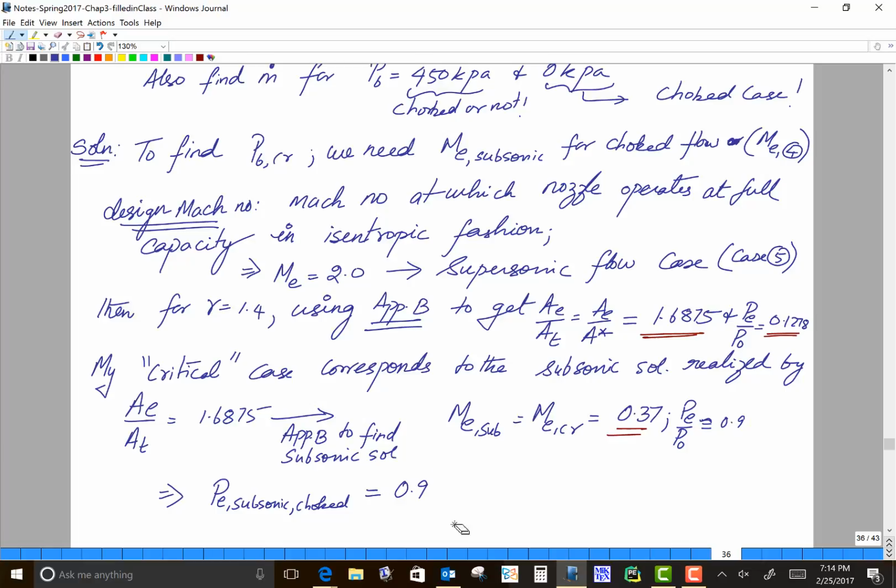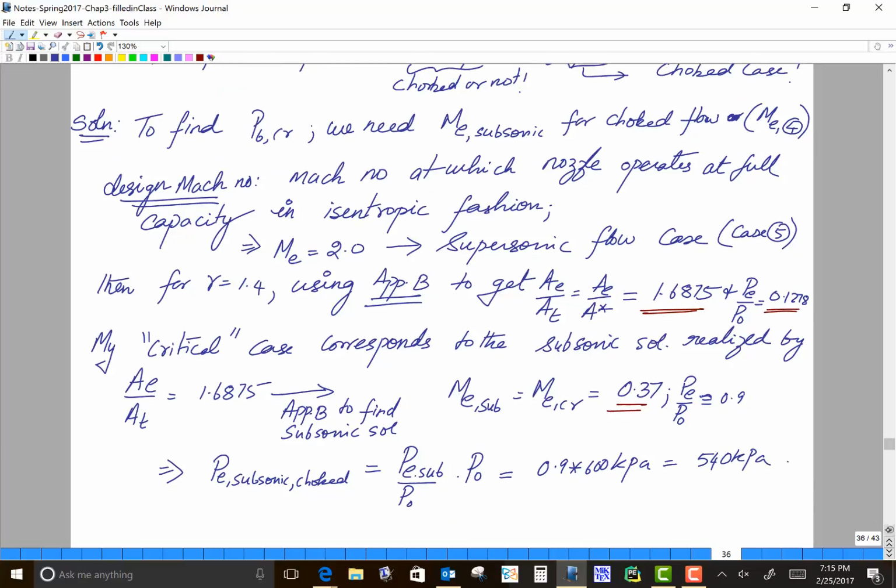Okay, let me write it a different way. I'm sorry, this is going to be P subsonic times P naught, and I know my P naught is 600 kilopascal, so this is going to be 0.9 times 600 kilopascal, which is 540 kilopascal.